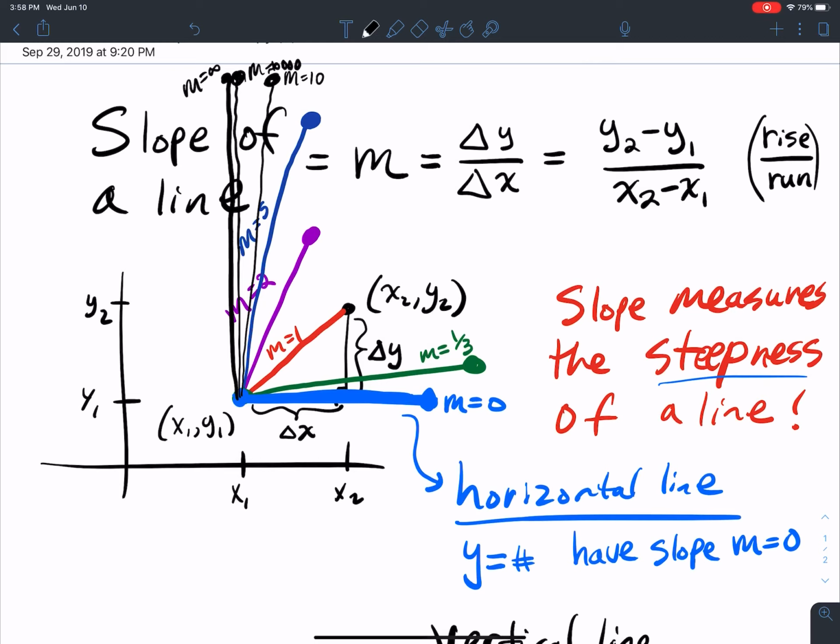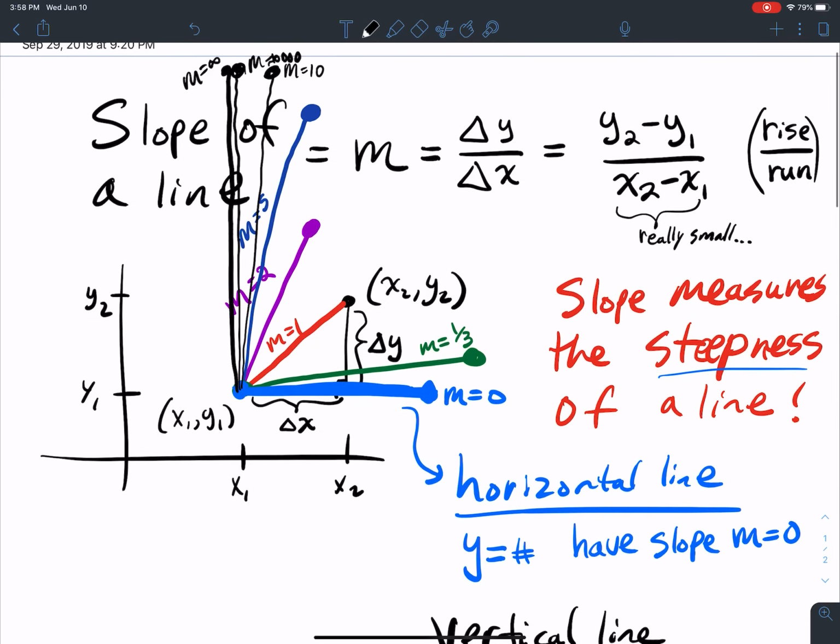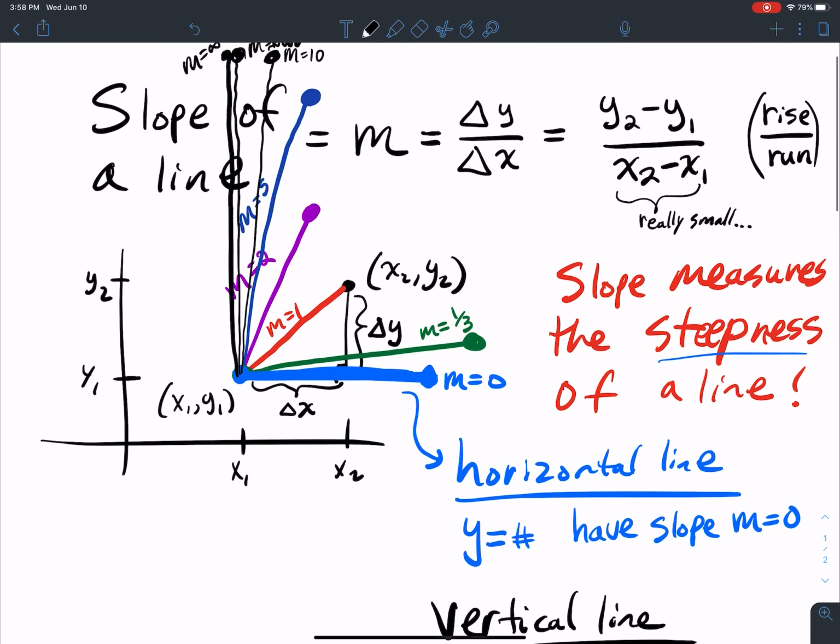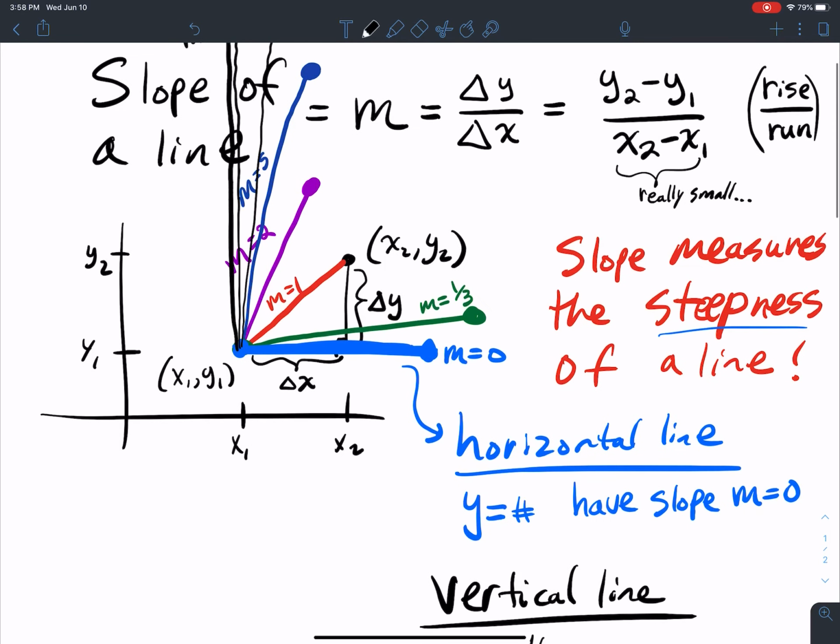What's really happening is the slope is getting infinitely big because the change in x is getting really small. As we get closer and closer to a vertical line, if we're dealing with a vertical line at x1, then it doesn't matter what y value I pick, the denominator is still the same.